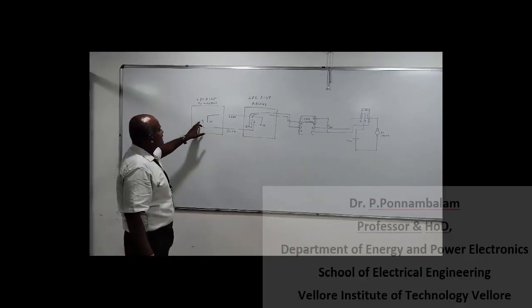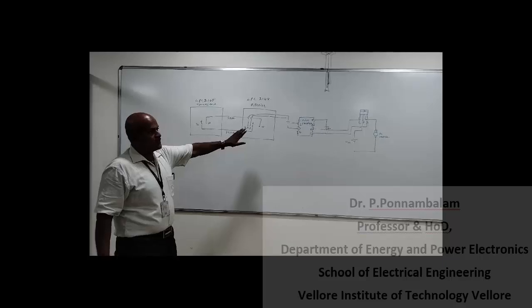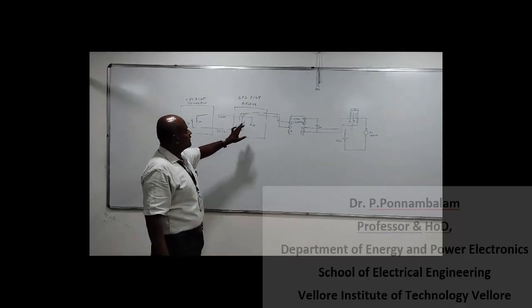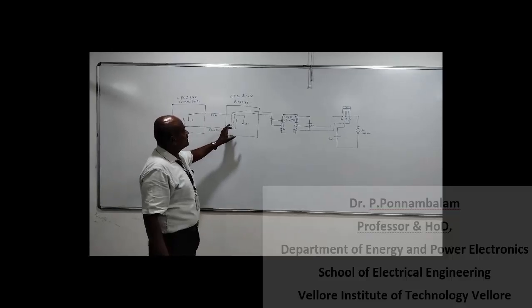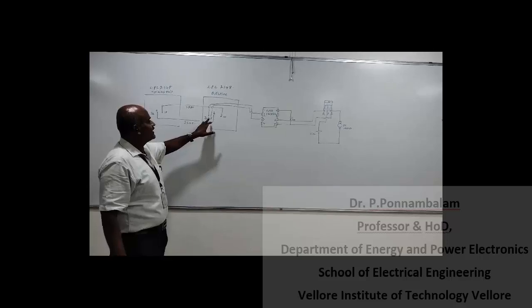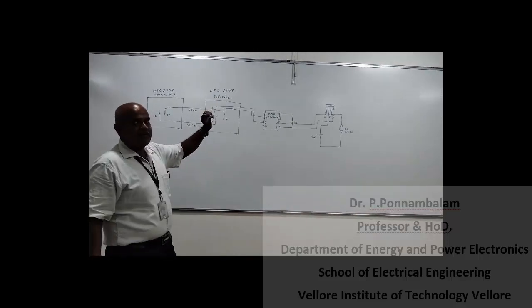So these 2 pins we are connecting to the second microcontroller, that is the receive microcontroller, wherein in the second microcontroller we are using this J2's second and third pin, which will be providing the PWM.